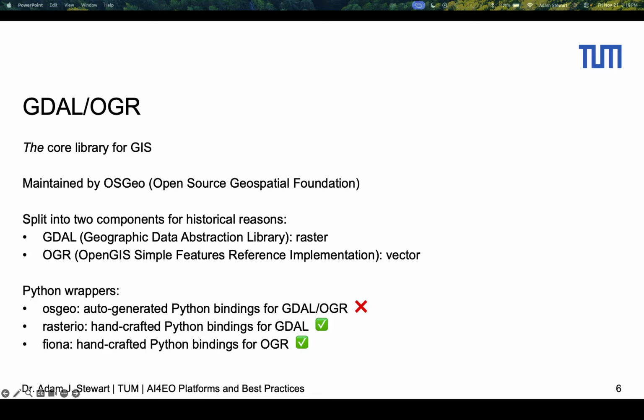They behave like Python. They're relatively simple and easy to use. They don't have all of the features that GDAL has because they're focusing on the most important ones, but they're much more fun to learn. They're much more natural to learn. So rasterio is the Python bindings for GDAL, and then Fiona and GeoPandas are both Python bindings for OGR. So there's one for raster, there's one for vector.